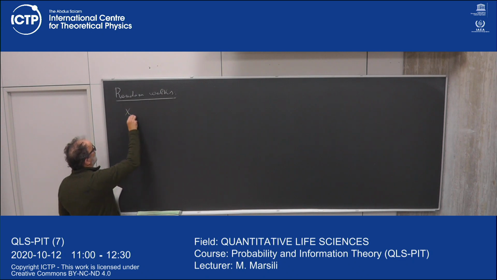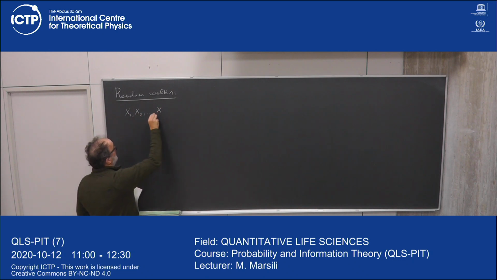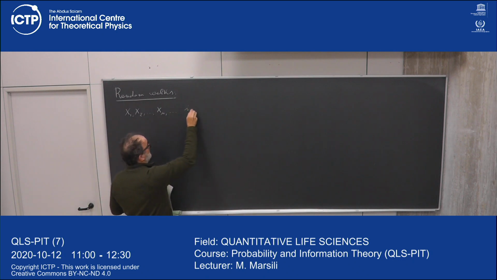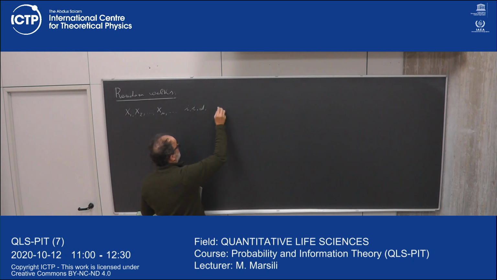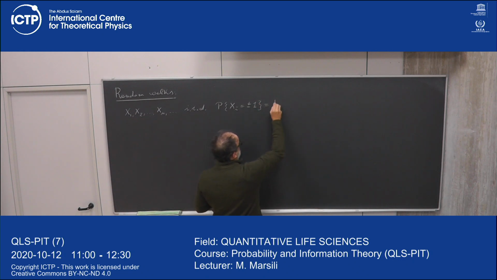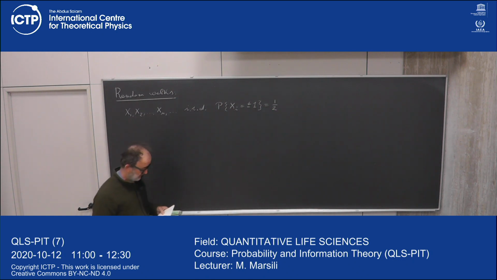Okay, so how do we define this random walk? Imagine we have an infinite sequence of independent and identically distributed random variables which take value plus or minus 1, and each of these two values is equally likely, with probability 1/2.